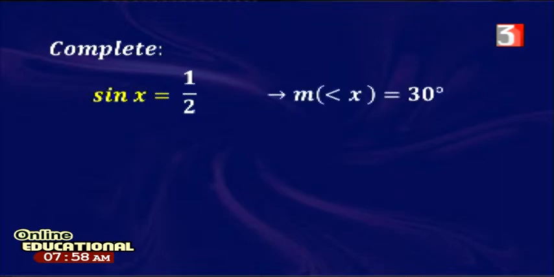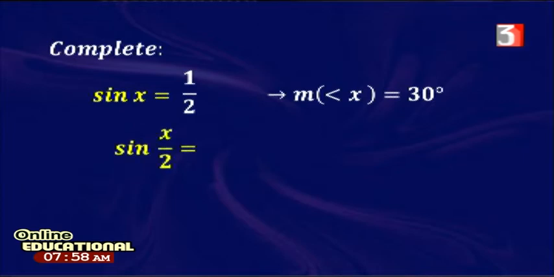Then, complete. If you have a question, complete. Sine x equals half. I want you to find angle x. In the same way, press the button shift sine half. You are going to obtain that measure angle x equals 30 degrees.